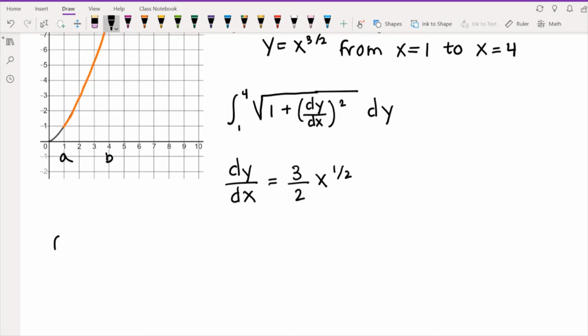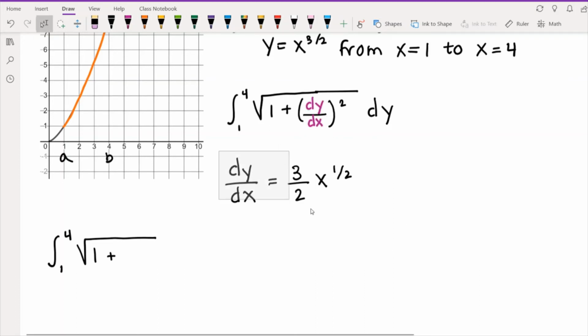And so this is now going to be the integral from 1 to 4 of the square root of 1 plus, so we're going to take this derivative and square it. Let me add some color in here because I feel like it will help things stand out a little bit. So maybe I'll use purple for this. Okay, so we're going to take our derivative, which was 3/2 x to the 1/2, and we're going to square it.